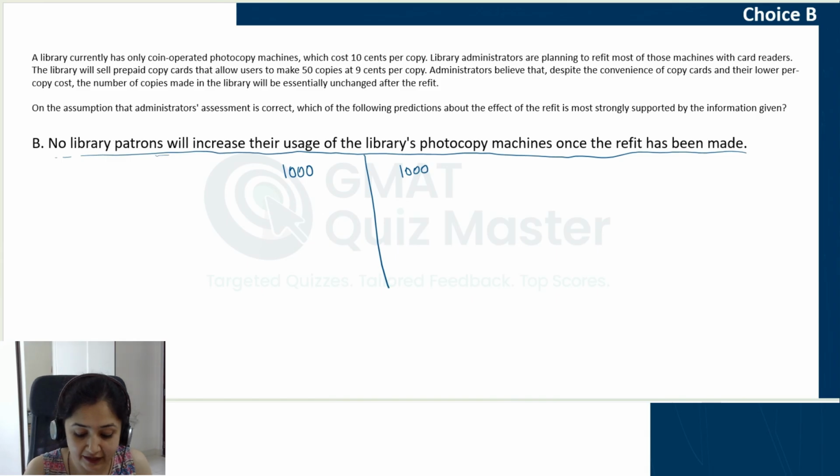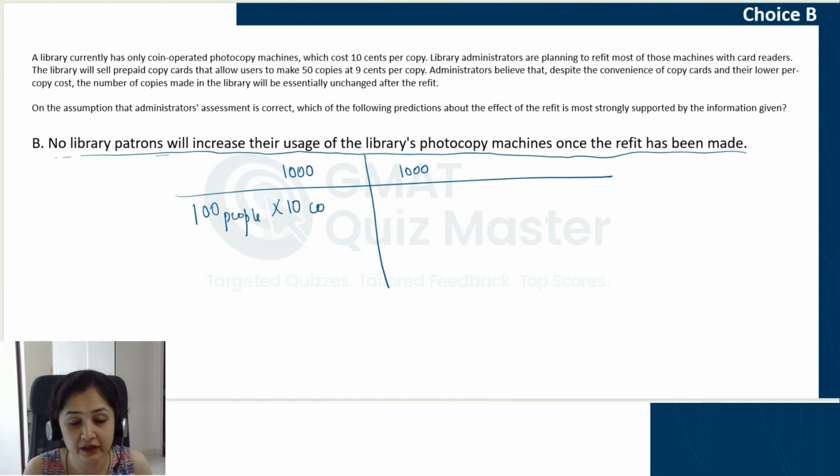Let's consider the scenario that earlier 100 people were taking 10 copies each, and that is why there were 1000 copies. Now, this answer choice is saying that no library patron will increase their usage of the library's photocopy machine once this refit has been done. But why? Just to keep this number constant?